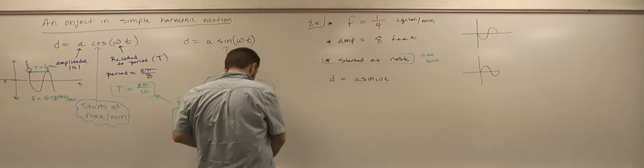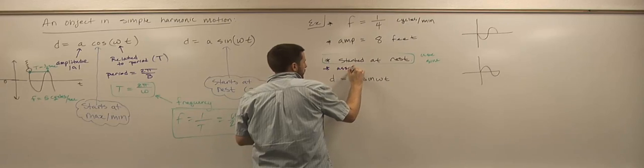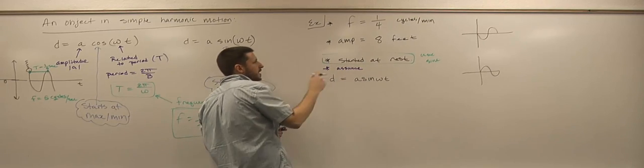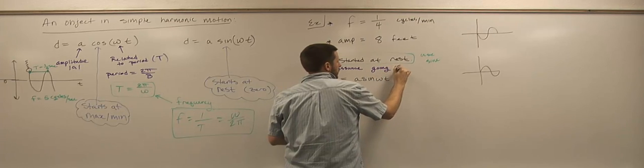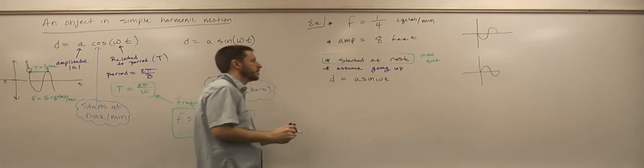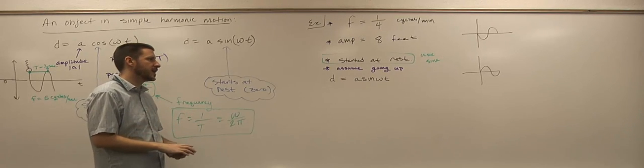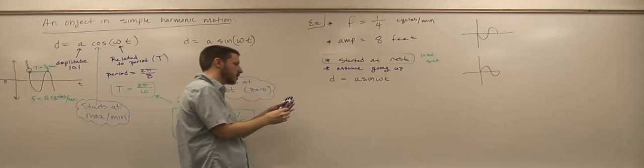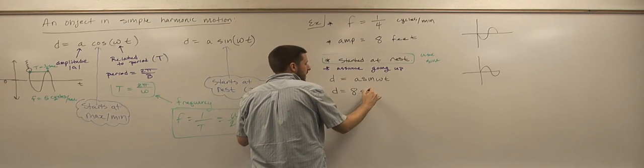So let's assume we're going up. So we'll give a positive a value to indicate that we have the usual sine function going up. So then d is equal to 8 sine omega t.